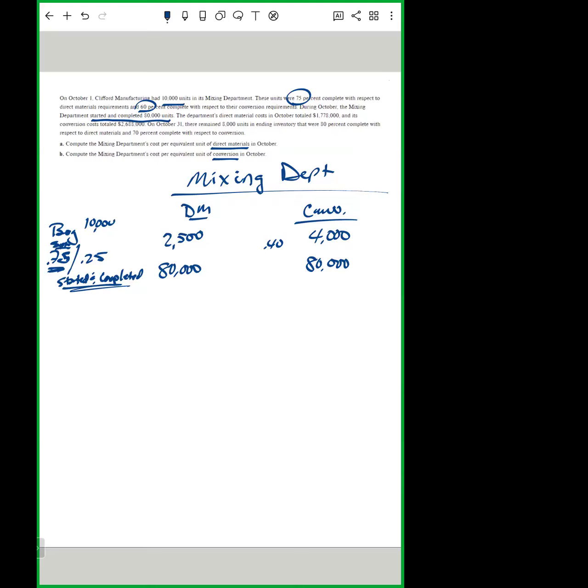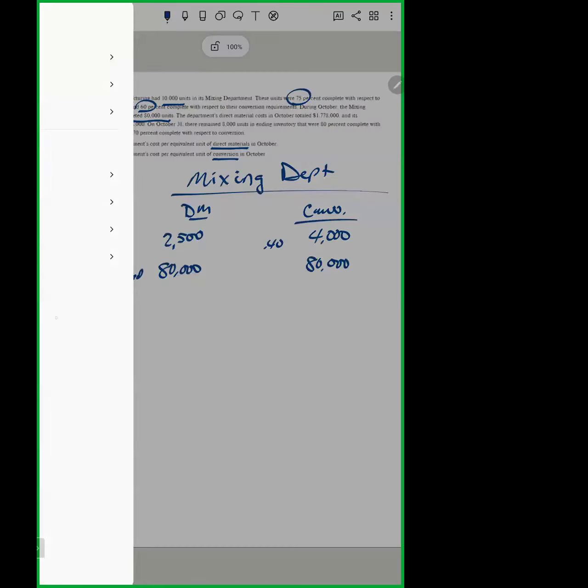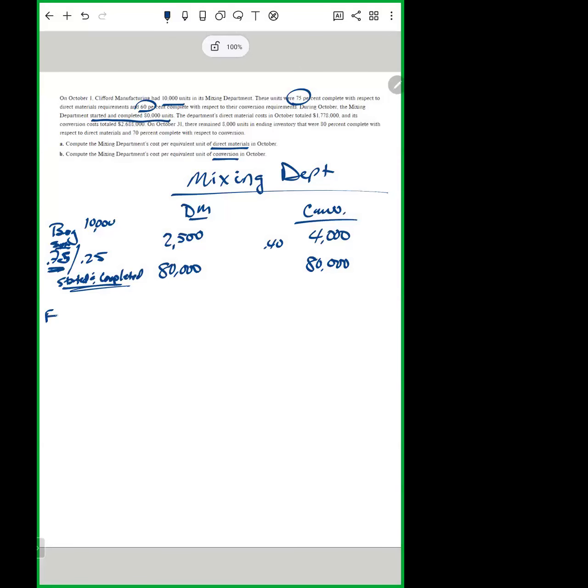And then in terms of ending inventory, we have 8,000 units. So ending, we have 8,000 units. And these 8,000 units are 80% complete with respect to direct materials.